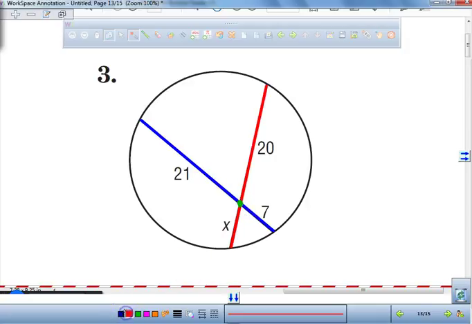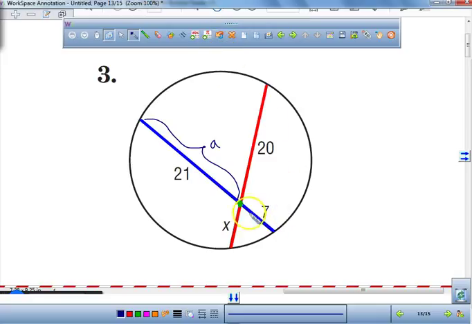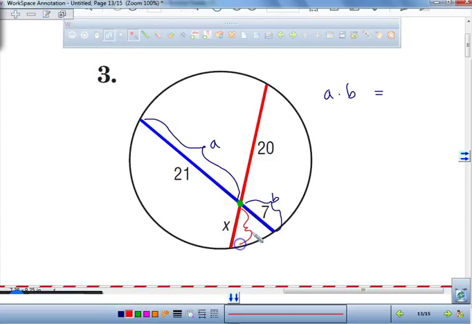Something we learned yesterday was that this segment, let's call it A, and this segment right there, that's B. We know the product of A times B is going to equal this piece right here, we'll call it C, times this piece right here, we'll call it D. This will always be the case inside of a circle if you have two chords that intersect each other.